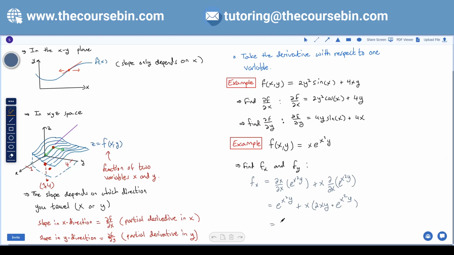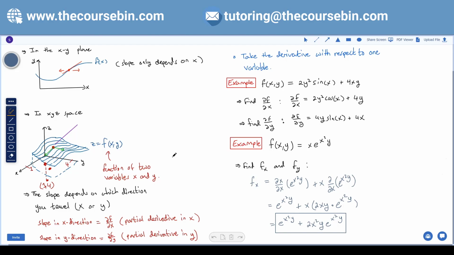If I simplify it out, this is 2x squared y times e to the x squared y. So you've got to keep an eye out for the regular rules for derivatives: product rules, quotient rules, chain rules, all of that.